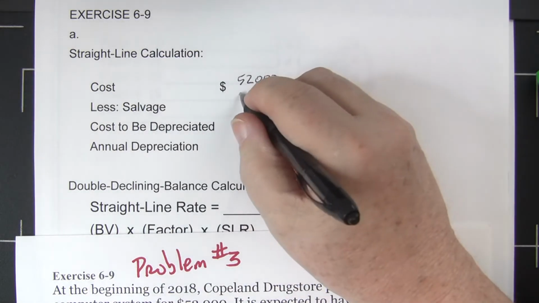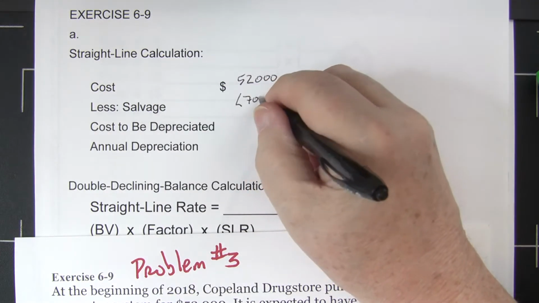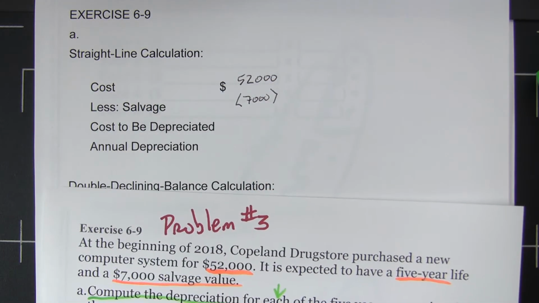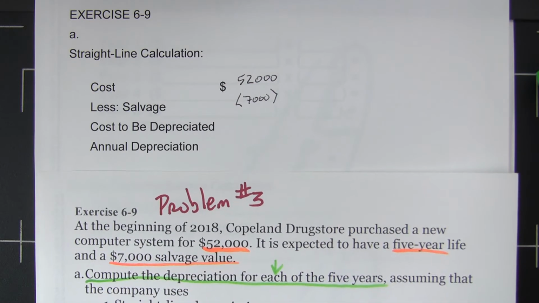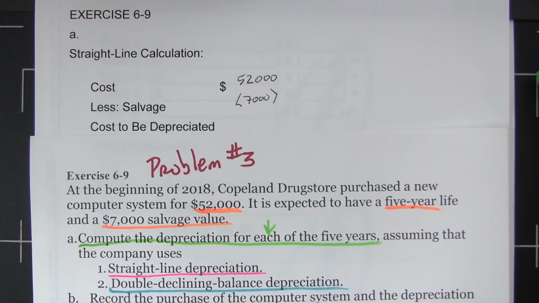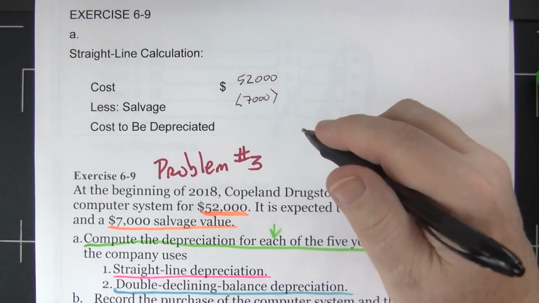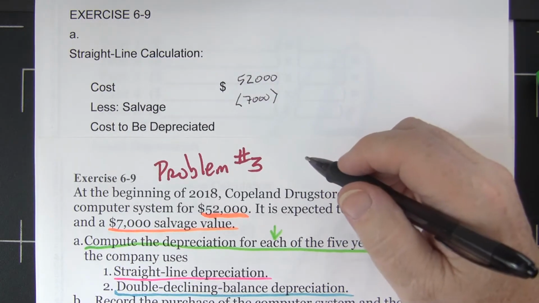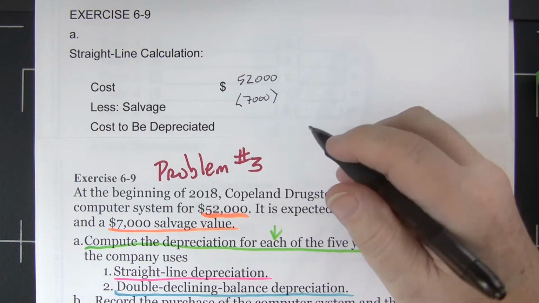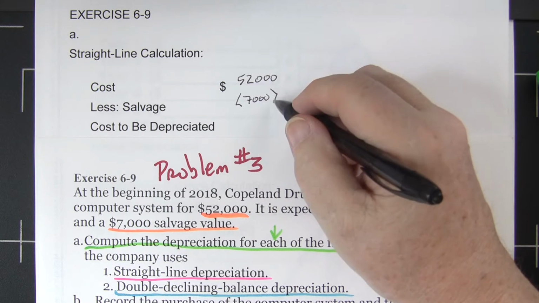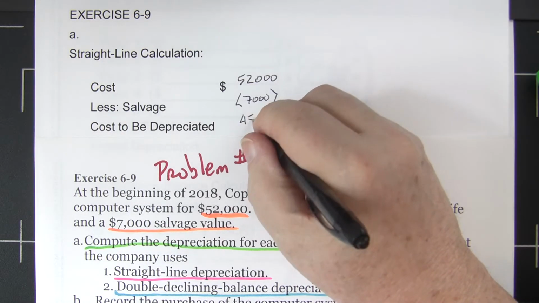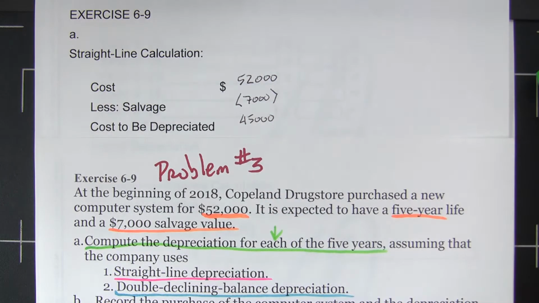value. And again, because it's a worksheet, I would use minus signs to make sure I knew what I was doing. Now, cost to be depreciated, also called the depreciable base, also called the total depreciation available, is the cost minus the salvage, $45,000.